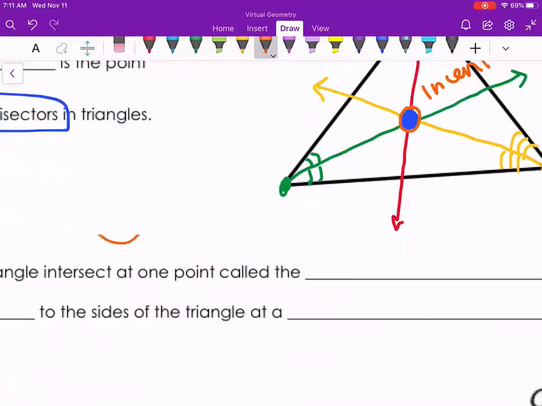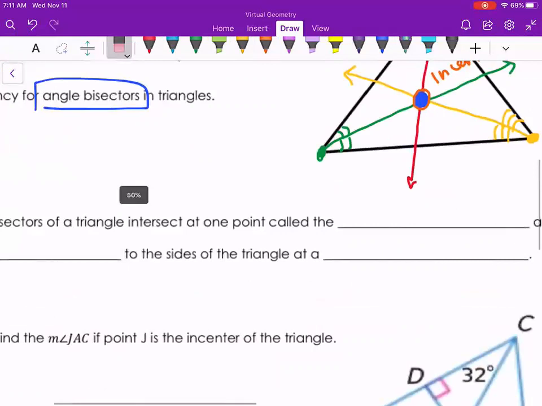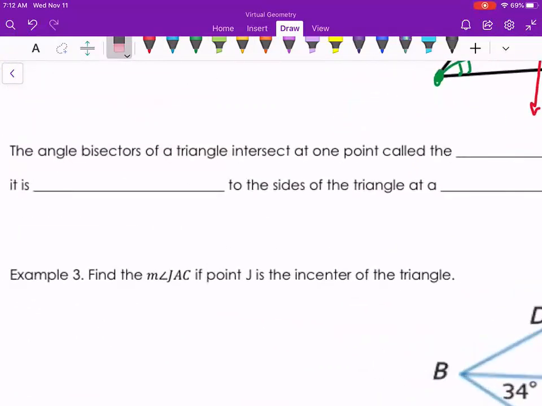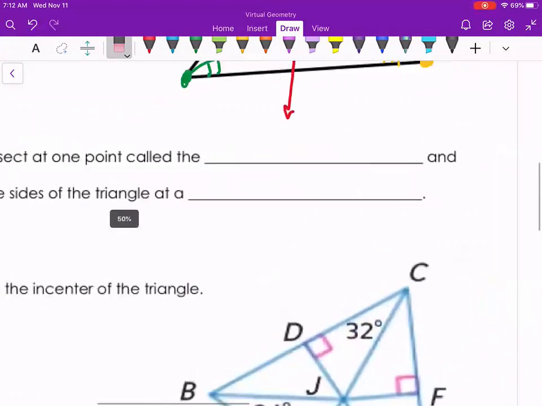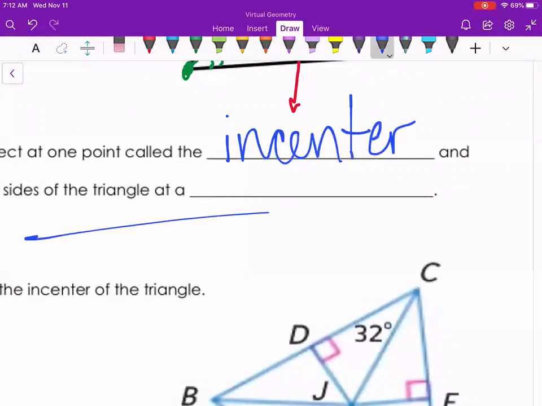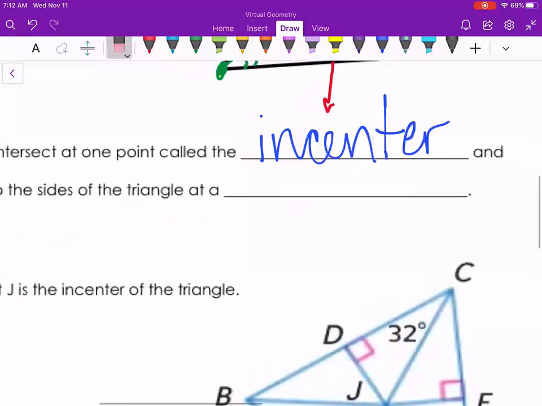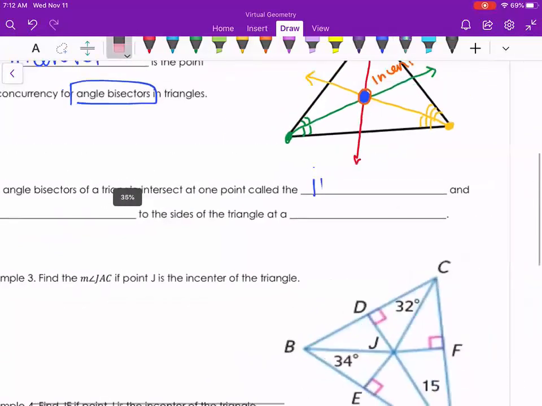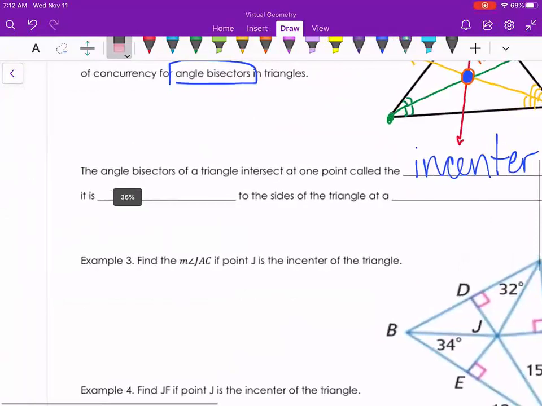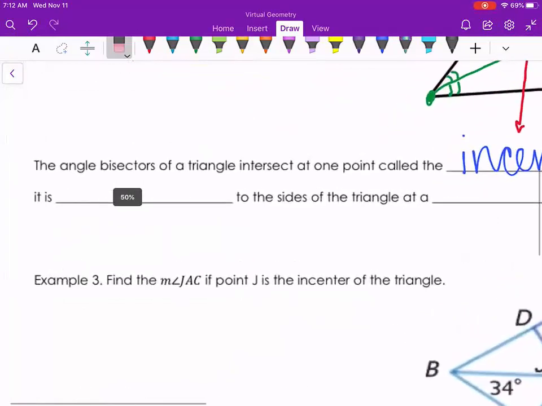So we do have some special properties that come along with that incenter. The angle bisectors of a triangle intersect at, like we just found, one point called the incenter. And remember, we talked about any point on the angle bisector being equidistant to the sides.